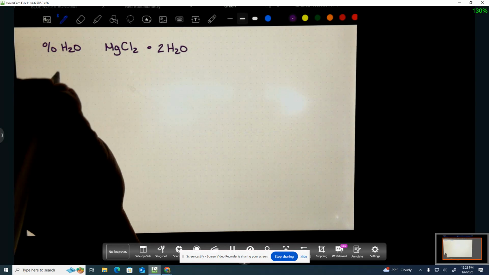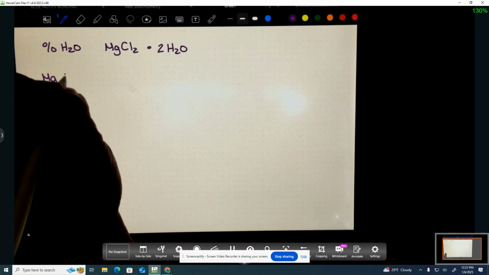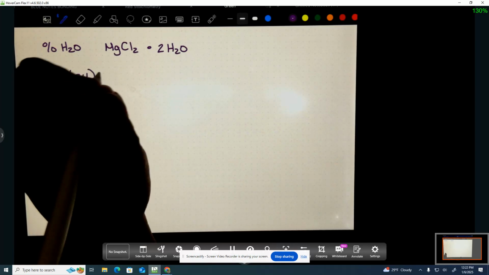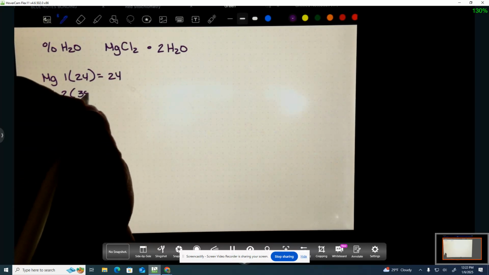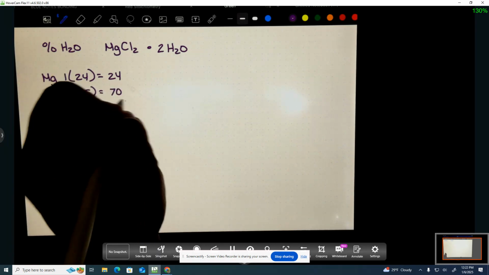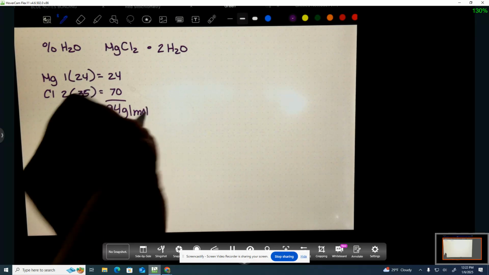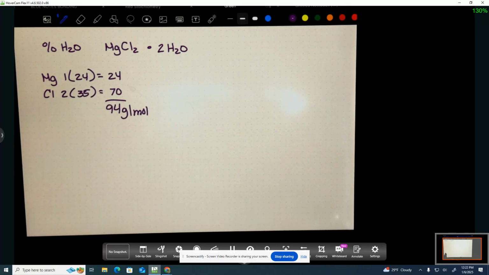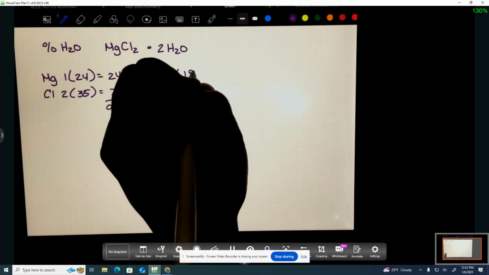All right, so we're going to figure out the gram formula mass of magnesium chloride. 1 magnesium at 24. Okay, chlorine, 2 at 35. That's going to be 70. That's going to give me 94 grams per mole. The water, there's 2 of them, and they're 18 grams apiece.